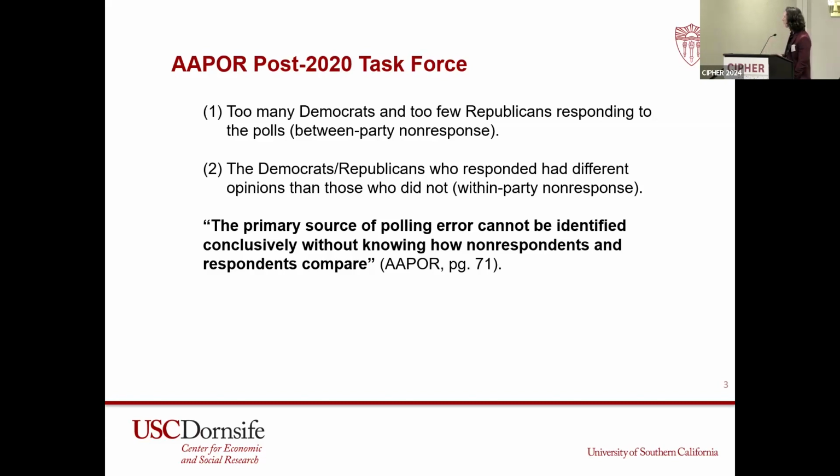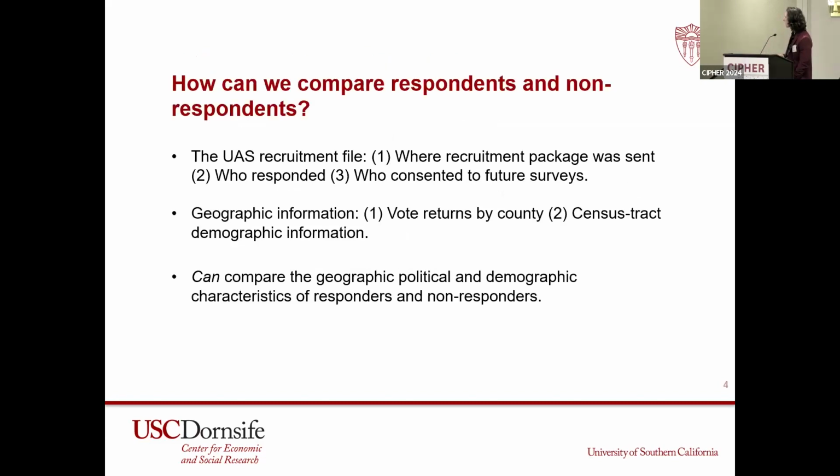So I'm not going to resolve the polling error question today, but I am going to use this as motivation for how we could potentially compare respondents and non-respondents. In the UAS, we have a recruitment file, or at least a recruitment document that we're putting together will be made available. We know where we sent our recruitment package, who responded to it, and when they filled out our intake survey, if they said they wanted to complete future surveys.